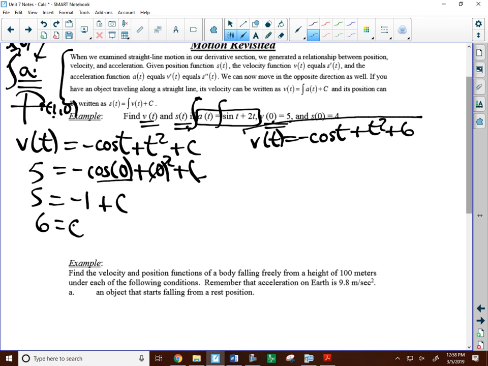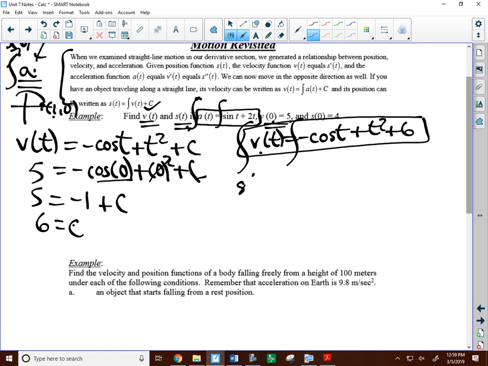So that was the first part they wanted. What is v of t? We found it. It's this. From here, I'm just going to repeat, because they want s of t, and the integral of velocity will take me back up to position. I'll take the integral of both sides.